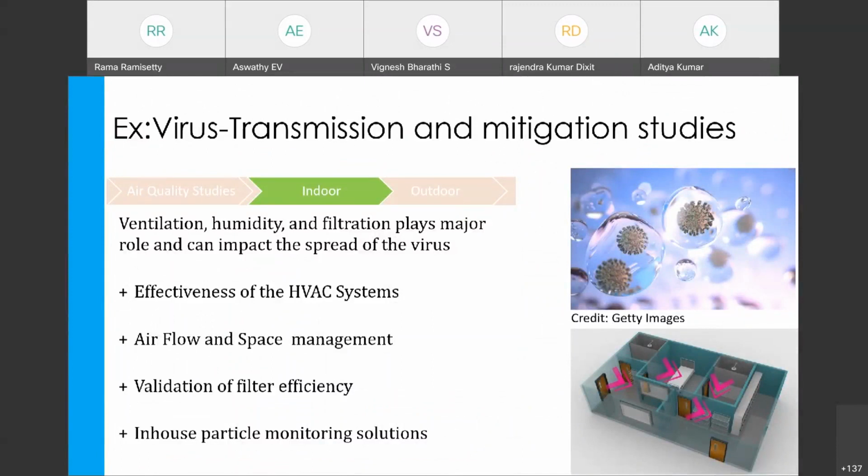They found that if the ventilation or filtration mechanism is working properly, that means if your AC has a proper PM 2.5 or PM 10 or nanoparticle filter, then there won't be any issues. Also, most of the halls have recirculated systems. In those systems, it takes air again and again from the same place. Instead of that, if air is taken from the outside, that will be much better than recirculating air from the inside.